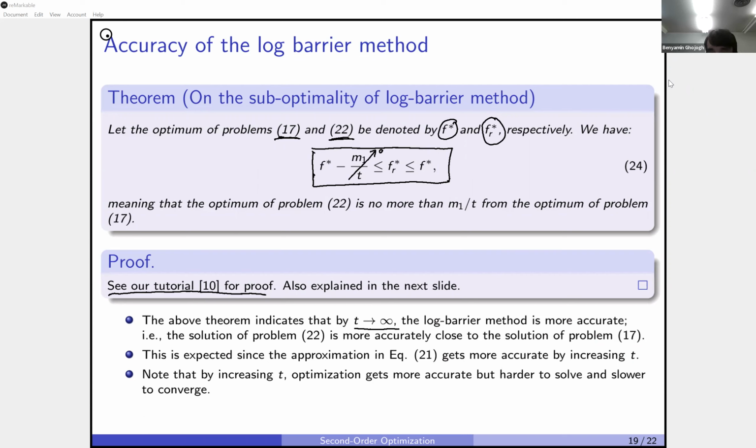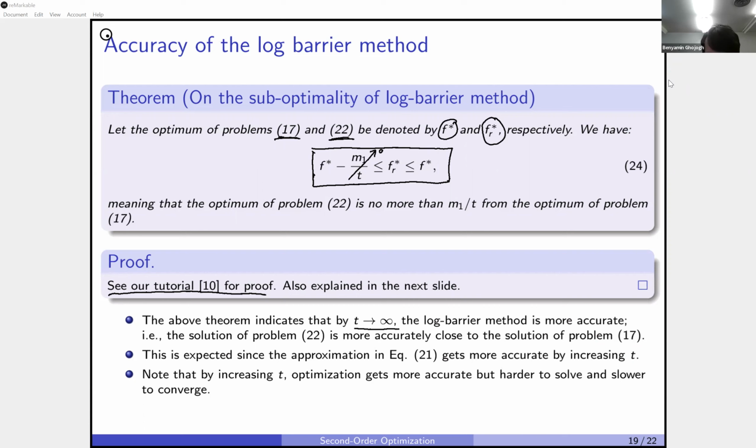So the optimal function value of the converted problem using the log barrier method is less than the minimum of the original optimization problem. However, when t goes to infinity, this becomes exactly equal. So the accuracy is good enough. That's why interior point method works, log barrier method works. That's it.